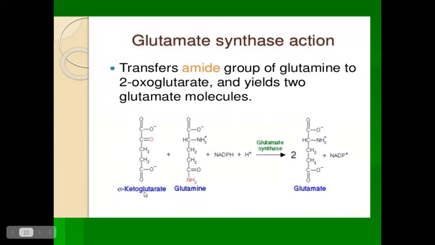Here, alpha ketoglutaric acid combines with glutamine in the presence of glutamate synthase. In this reaction, one NADPH is utilized to form two molecules of glutamate. This process is called reductive amination.